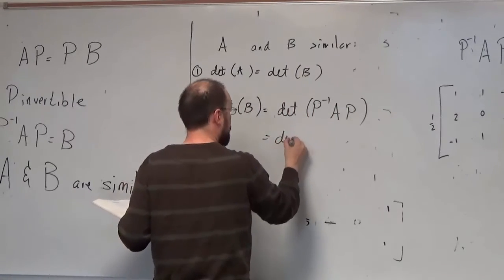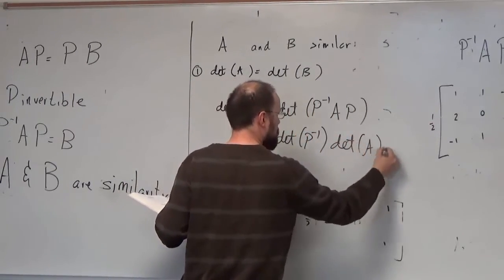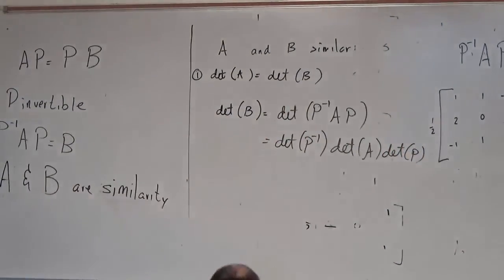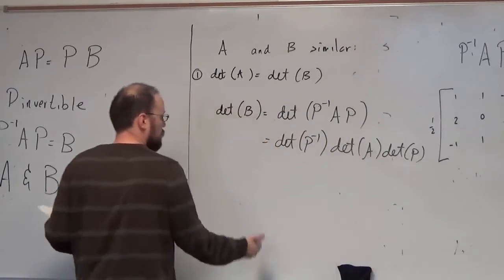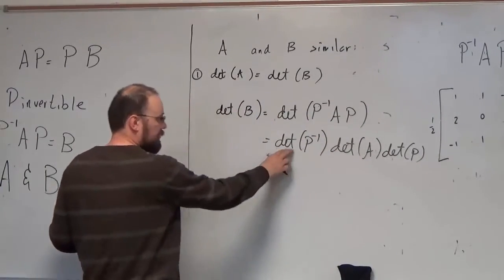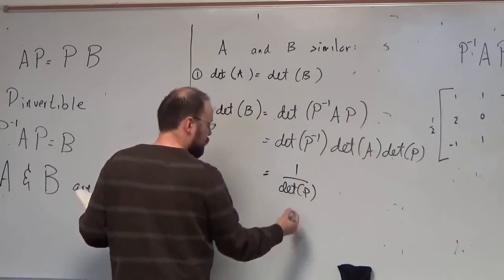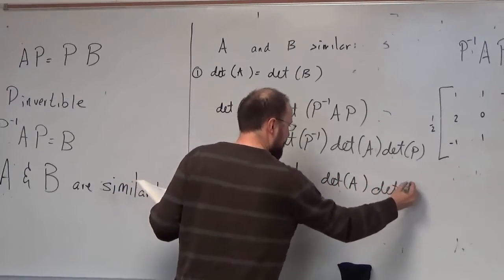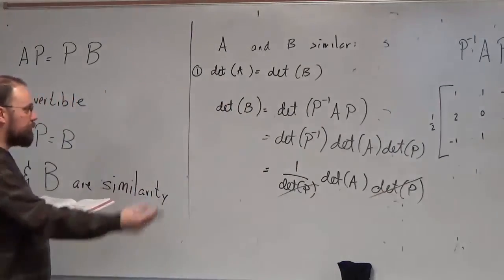Using these properties of determinants, and the determinant of P inverse is just the reciprocal of the determinant of P, you see what's going to happen. These cancel. You get the determinant of B is the determinant of A.